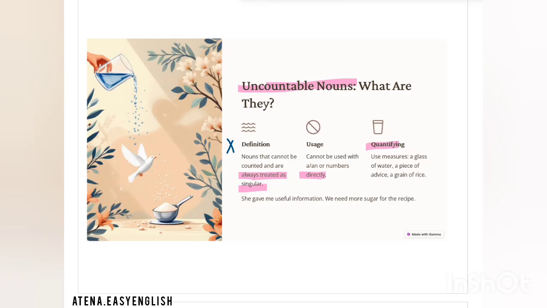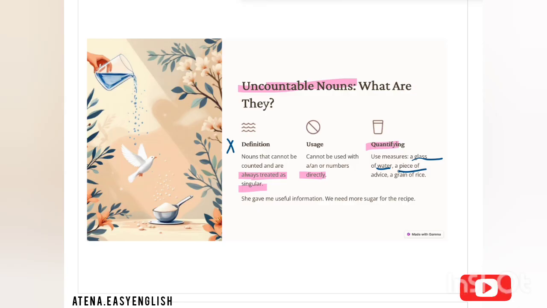So, when you want to make an uncountable noun countable, you can use measures. For example, water is uncountable, but a glass of water is countable. So you can use a glass of, a piece of, a slice of, a jar of, a grain of, in order to make them countable.